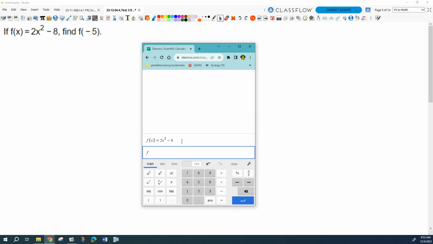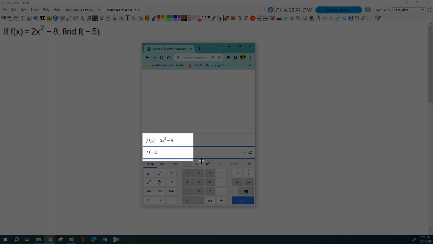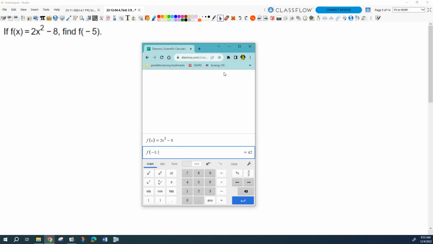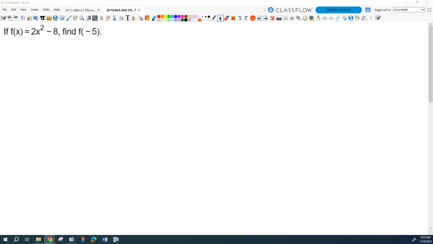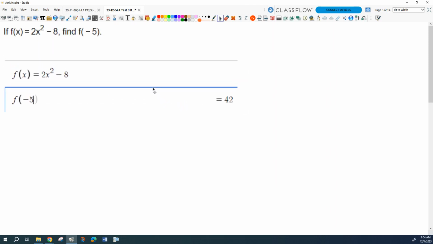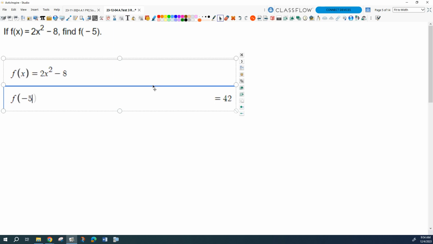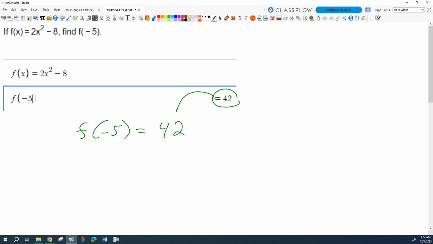I'm just going to go f of -5, and there's my answer. Okay, so what's that tell us? Tells us f of -5 equals 42.